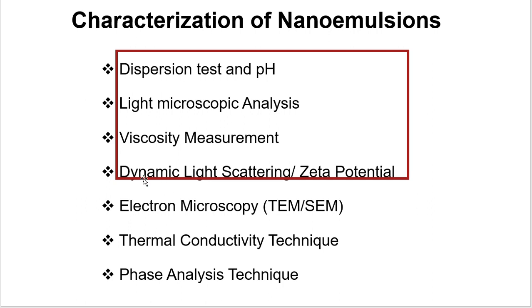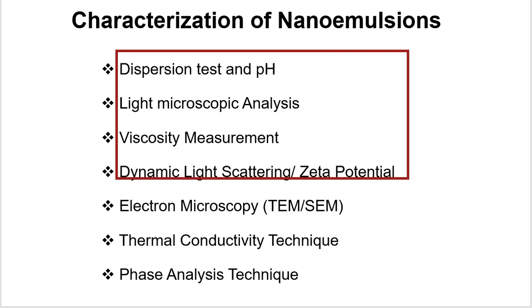And very importantly, the very commonly used gold standard method is DLS, dynamic light scattering, and zeta potential. These two, DLS and zeta potential, will show you the properties of the nano droplet: whether it is stable or good or bad, and what the size is, and everything we can get from DLS and zeta potential.